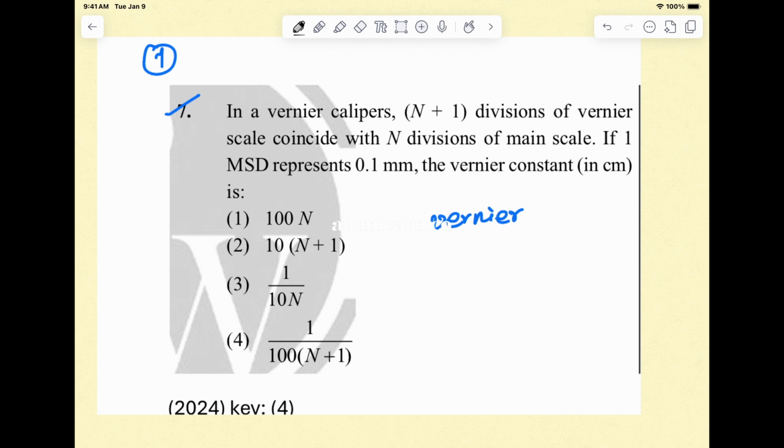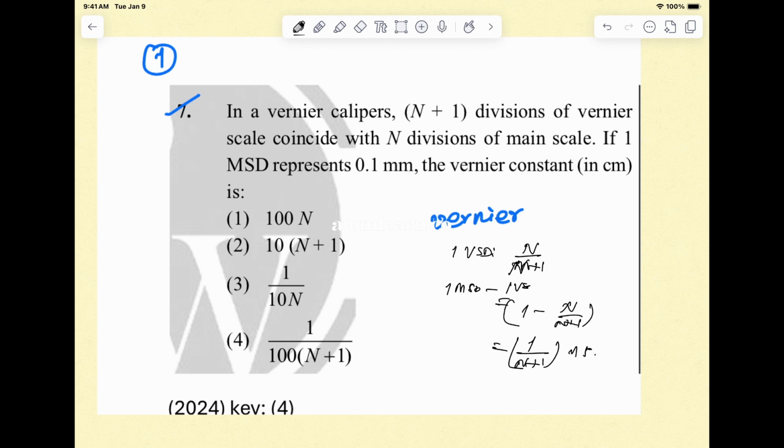Because n plus 1 divisions of VSD coincide with n MSD, 1 VSD equals n divided by n plus 1 MSD. Therefore, 1 MSD minus 1 VSD equals 1 minus n by n plus 1 of MSD, which is equal to 1 by n plus 1 MSD.